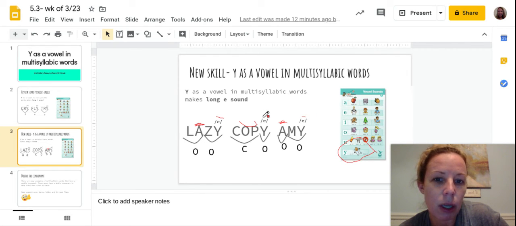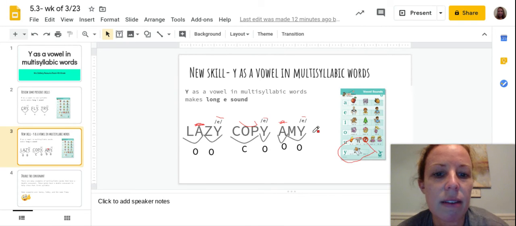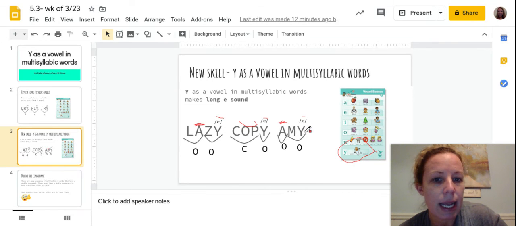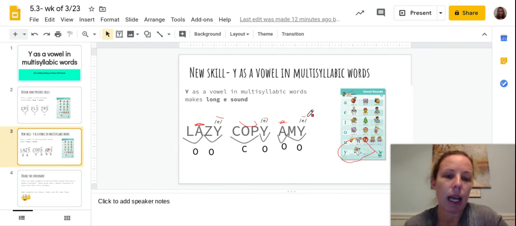So these are all long E's. Okay, I have a long E sound because they're multisyllabic words. So the word Amy, the name Amy, has 2 open syllables because A is a long vowel sound, and then the Y at the end in the syllable me gives me a long E sound.